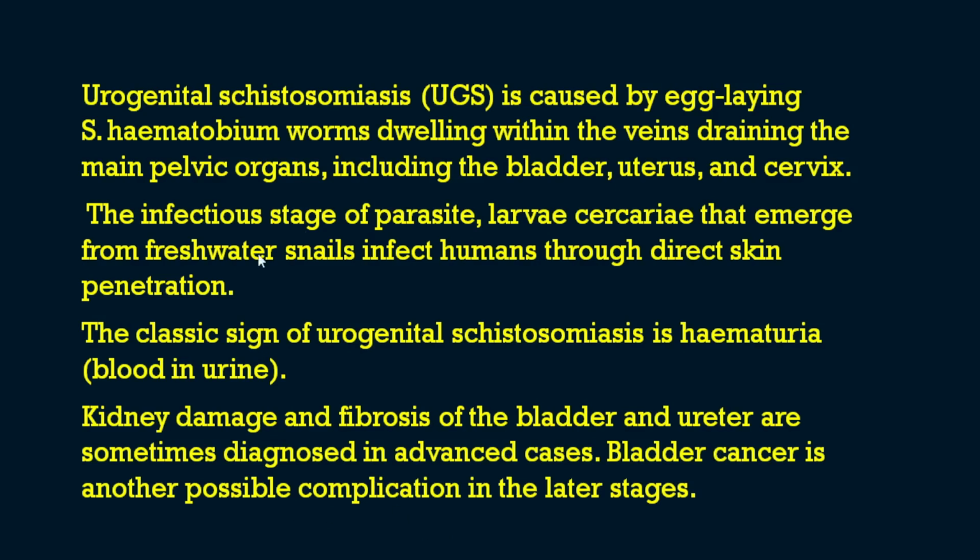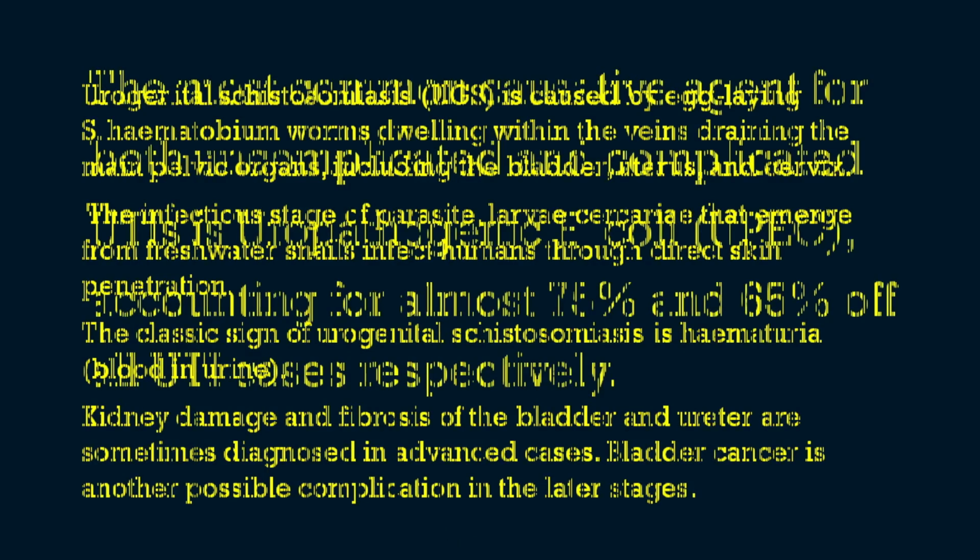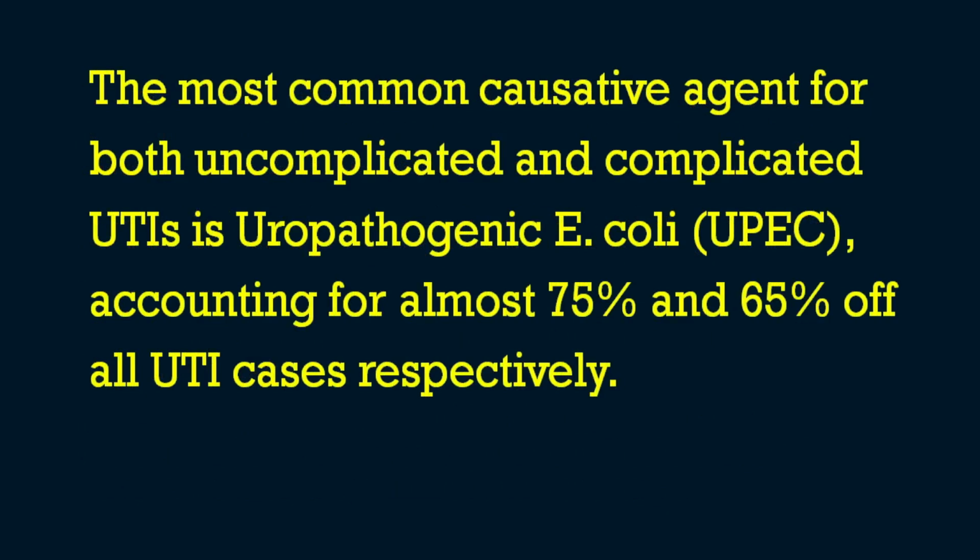These are some very important points regarding urogenital schistosomiasis: hematuria is the main classical sign, and in later stages it can cause kidney damage, bladder fibrosis, ureter problems, and then bladder carcinoma.